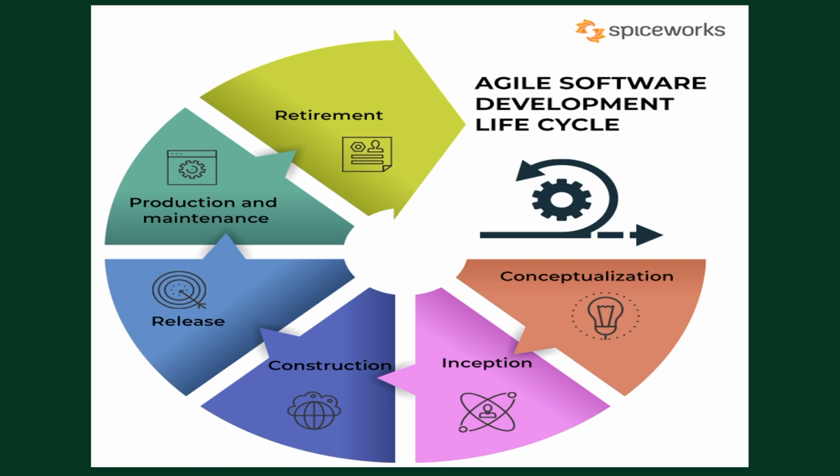Here's an example of an agile software development lifecycle chart. First, we have conceptualization, then inception, then construction, then release, then production and maintenance, then retirement.